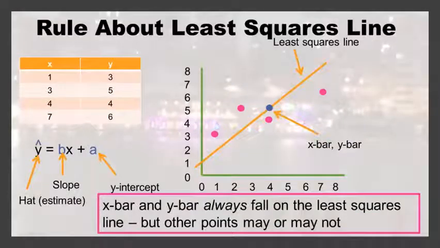Okay, so remember that one rule about the x bar and y bar having to be a point that is on your line, for sure. That is the one point that we know will always fall on the least squares line. The other points probably are not going to, okay?